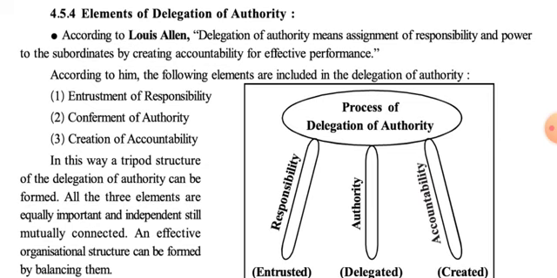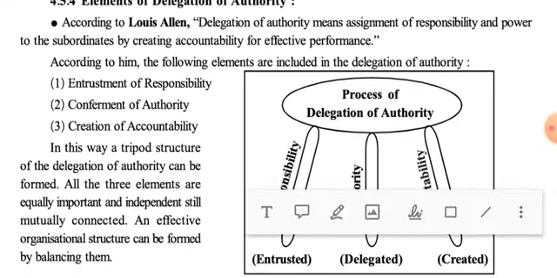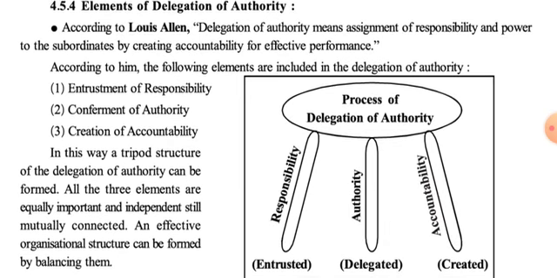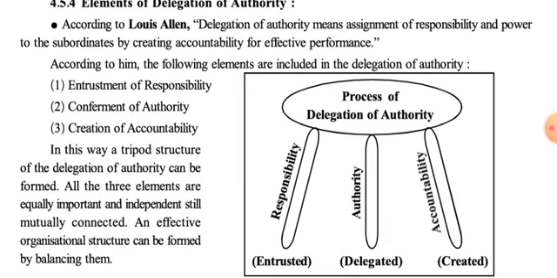So basically there is a very thin line of difference between power and responsibility, but as it is given in this particular topic, we have to remember this definition also. As we can see in this diagram, there are basically three elements included in delegation of authority.